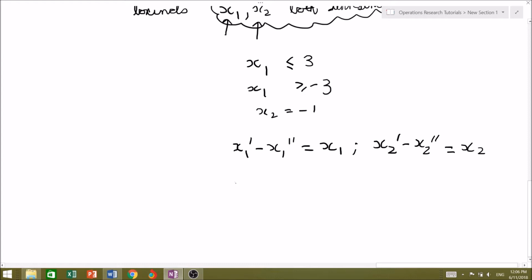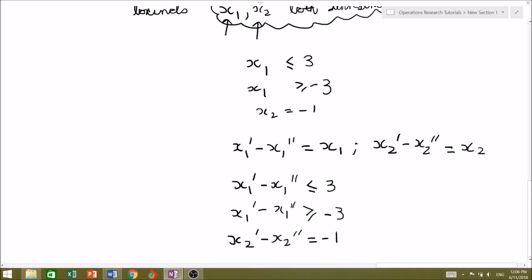Then we transform our constraints to x1 prime minus x1 prime prime less than or equal to 3, x1 prime minus x1 prime prime greater than or equal to -3, and lastly x2 prime minus x2 prime prime is now equal to -1. So we've transformed our constraints into a form that we can use the simplex method on.